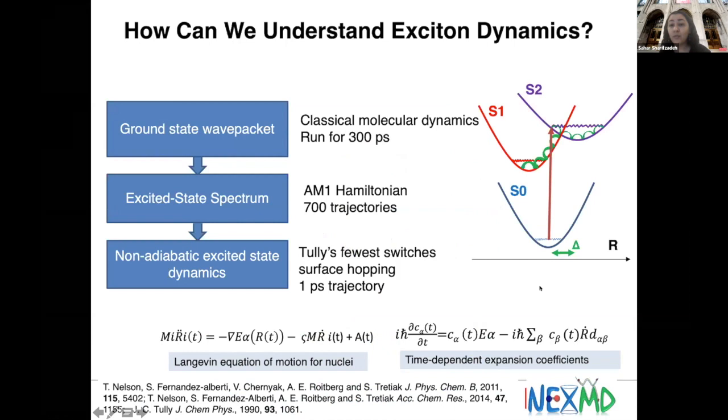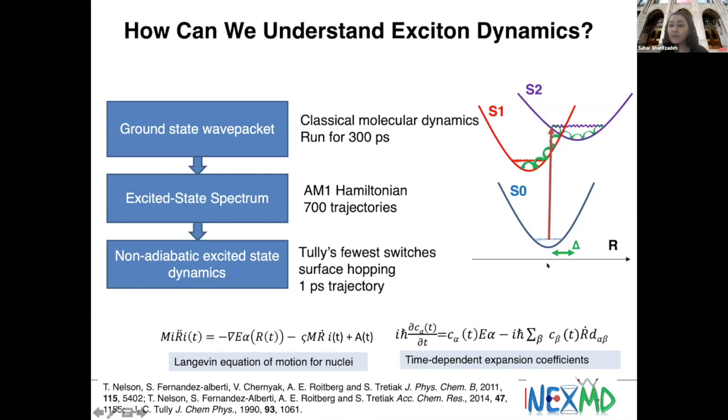Here we're looking at non-radiative decay of excitations. We go from the ground state to a high-lying excited state, and we watch the system decay to the lowest energy excited state. We're not allowing radiative decay, so we never go back to the ground state.